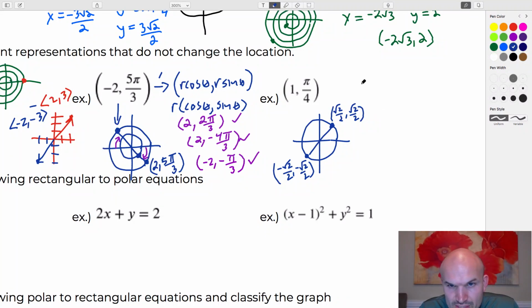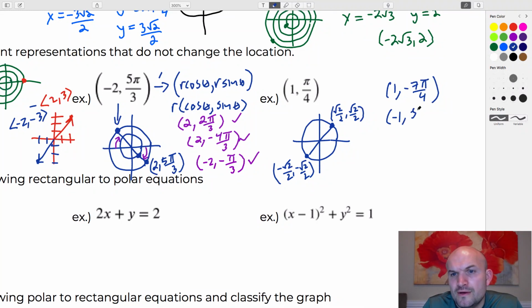Let's quickly do this. If we have pi over 4, let's do the negative version, which would be negative 7 pi over 4. The positive version would be 5 pi over 4. So we could do negative 1, 5 pi over 4, and then we could also do negative 1 comma negative 3 pi over 4. So there you go.